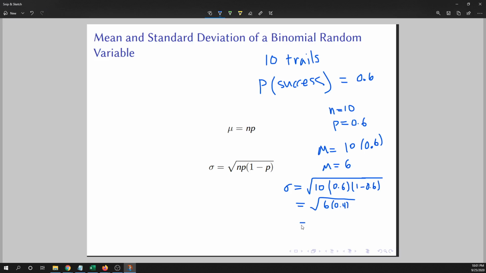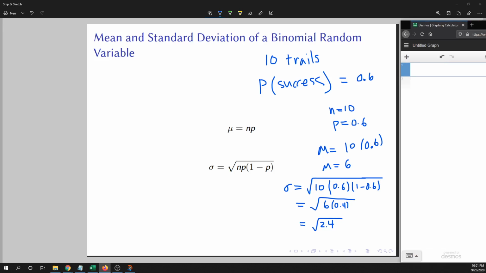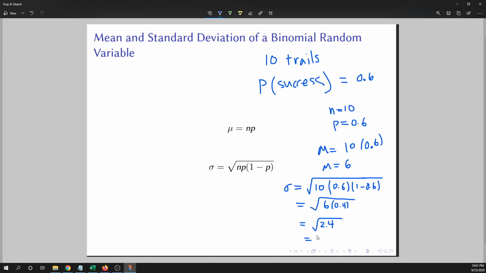Multiply those together, we get 2.4. And we get the square root of 2.4, which comes out to be 1.55 to 2 decimal places.